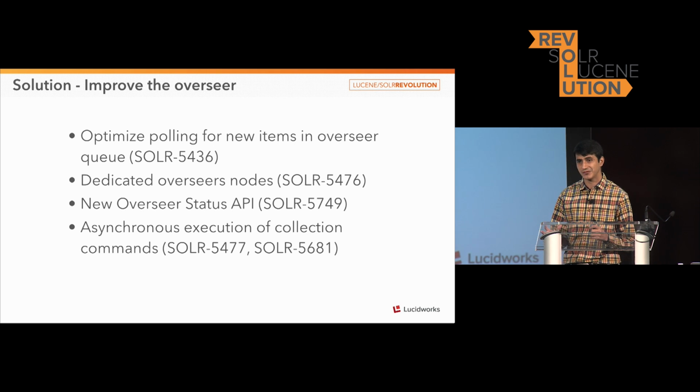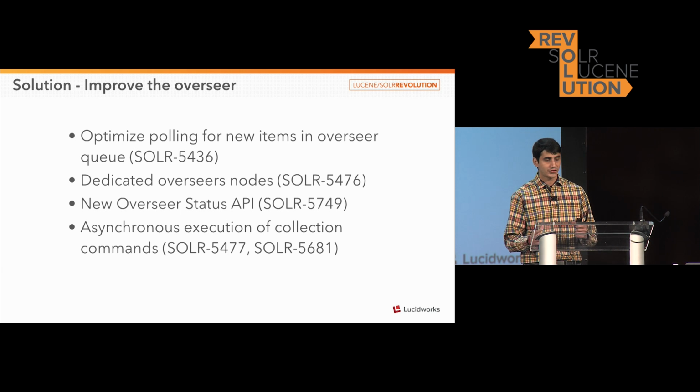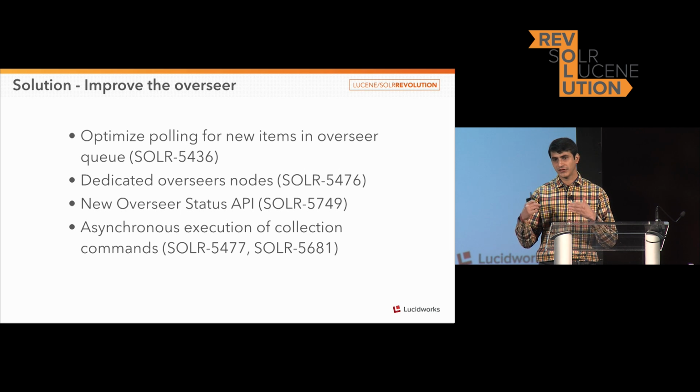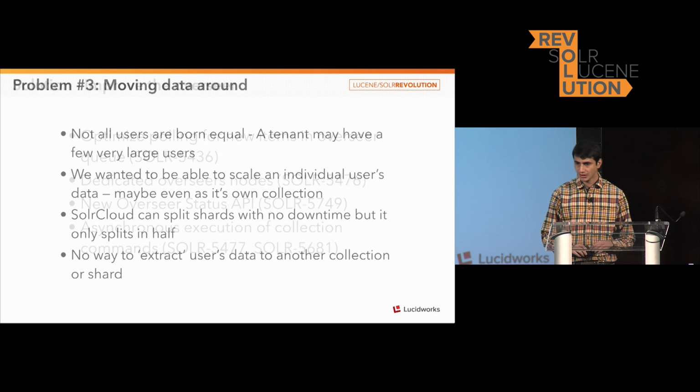It was not designed for something long-running like a split shard or a migrate. So we had to fix that limitation, and we did some work which made the overseer collection processing asynchronous and also parallel. Now you can pass a parameter which says async equals some ID that you give, and then you can just poll for the status of that command using that ID again and again.